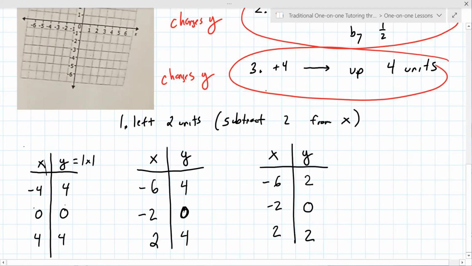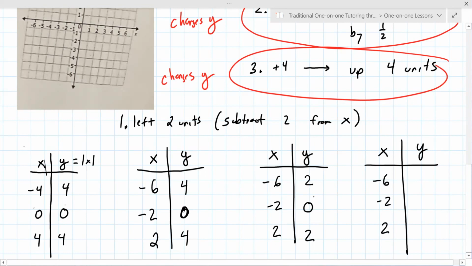Okay, so now we have one more transformation to do. The last one, we're going to go up 4 units. When you go up, that only changes y. Since it only changes y, the first column is going to remain the same.